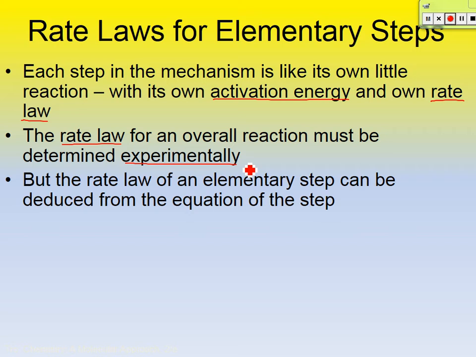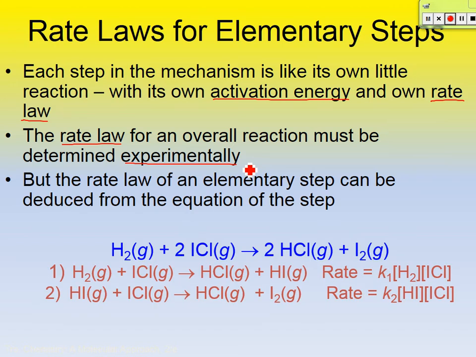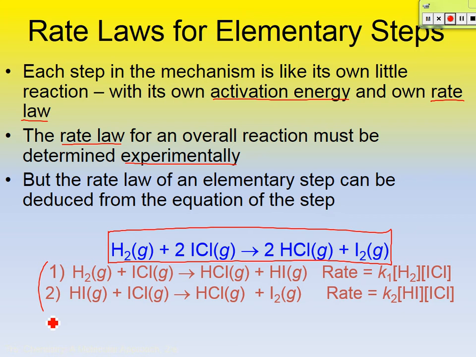But the rate law of an elementary step can be deduced from the equation of the step. And here's what I mean. So if this is my overall reaction, okay, this is my overall. It looks like this has 2 elementary steps in the mechanism. And so each elementary step is like its own reaction. It's going to have its own activation energy and its own rate law. And so let's look at the rate law for elementary step number 1. We've got H2 as a reactant and ICl as a reactant.